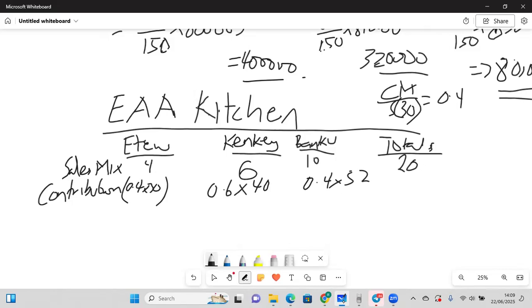Right. So now we are going to get this one to be 12 here, then 0.6. So this one, 0.6, is going to be 24.